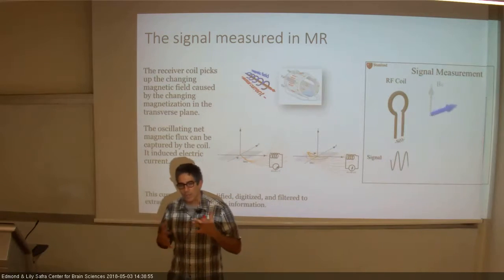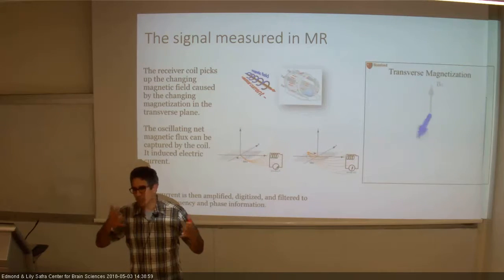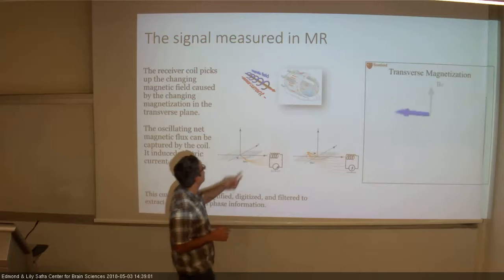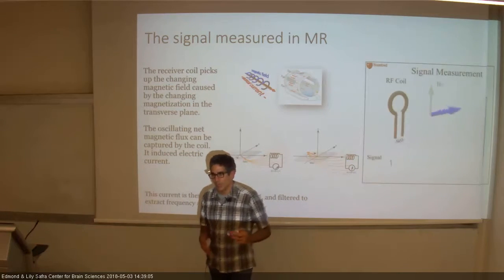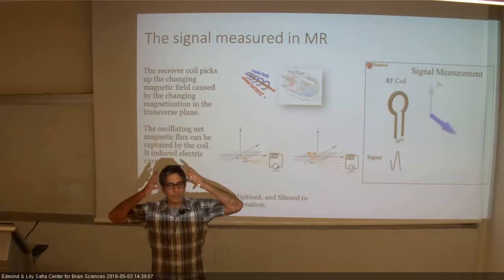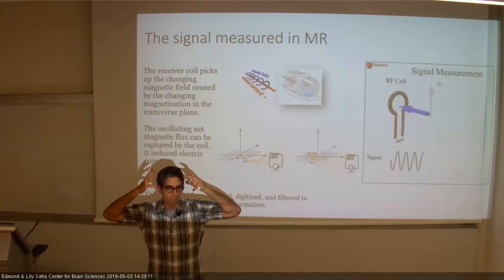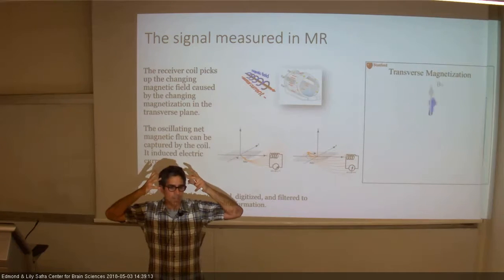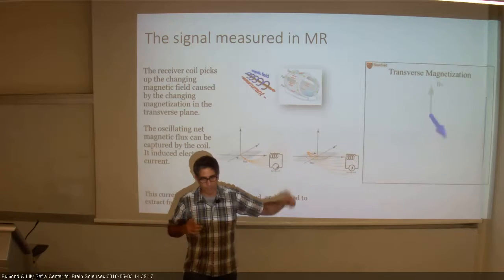There is a complex organization of this receiver to get a better signal or measure it faster. So here you can see that there are several receivers around us. We're lying in the magnet with our head inside a coil called a head coil, which is a set of receivers that will in the end measure this current.